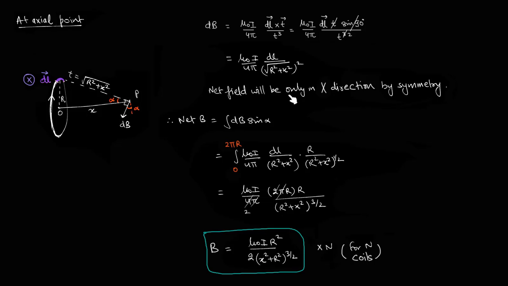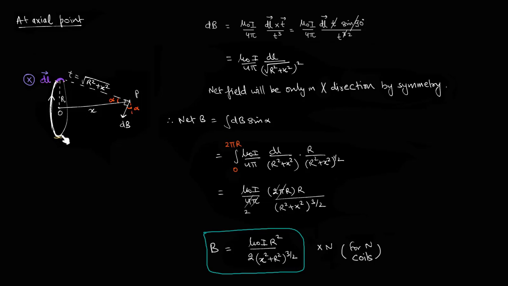Now net field will only be in the x direction by symmetry. This dB is due to this dl. Because of all the dl's, the direction of dB will always be at an angle alpha with the horizontal. And this vertical component of this dB will get cancelled by the vertical component of the dB from the opposite dl.